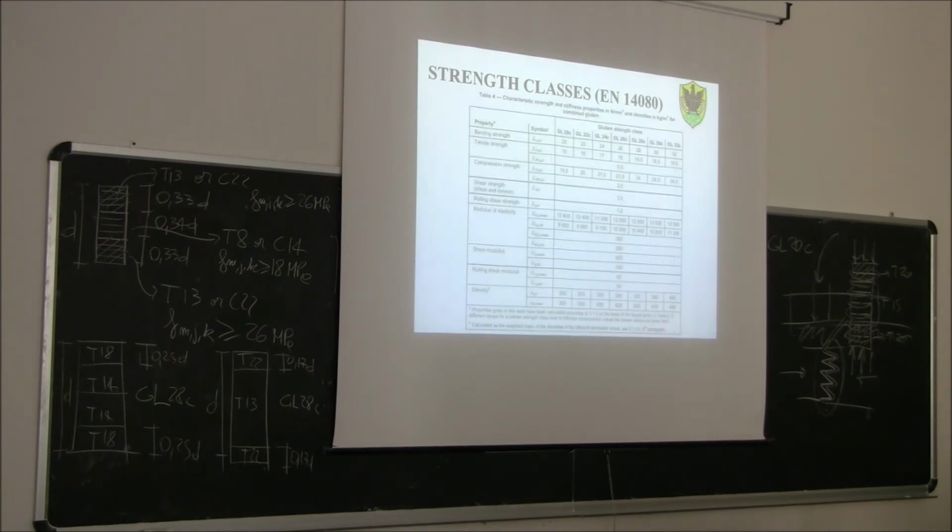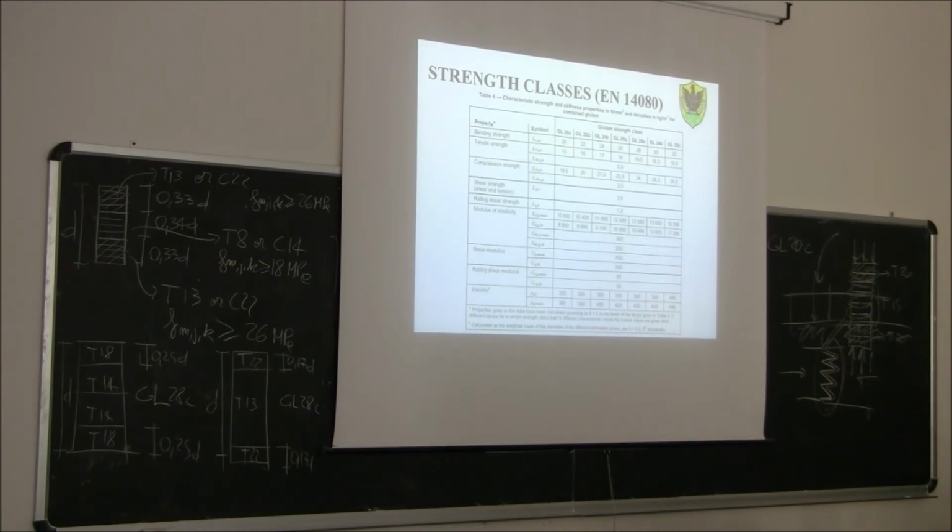As I said before, there is a table showing all the strength properties for a given strength class. For example, GL20C has a characteristic bending strength of 20 megapascal, tensile strength parallel to the grain of 15 megapascal, tensile strength perpendicular to the grain almost 0.5, as you can see, and then all the other properties: compression parallel and perpendicular to the grain, shear strength, shear and torsion, rolling shear, remember we discussed rolling shear, and all the different quantities.